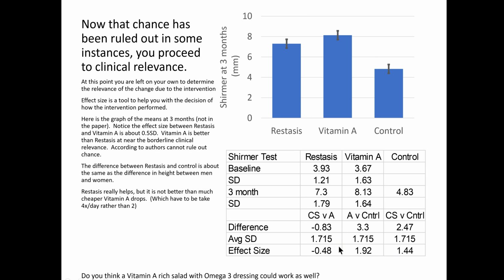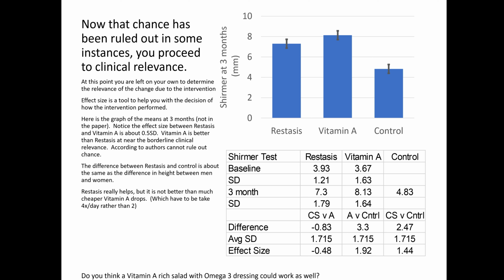Vitamin A, on the other hand, is $15 to $35 a month. Now that's a much more reasonable amount. And I'm concerned that the authors treated Restasis and vitamin A as equivalent. You have to think about other things. You have to think about cost.